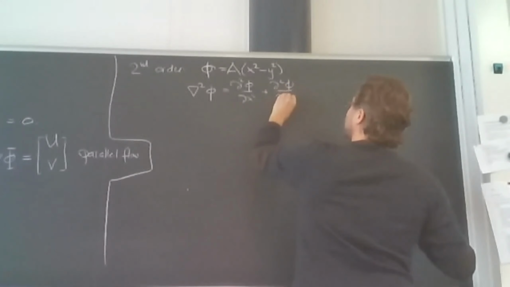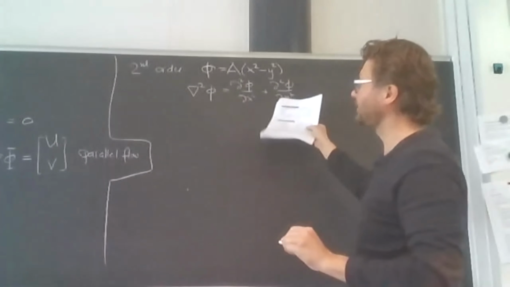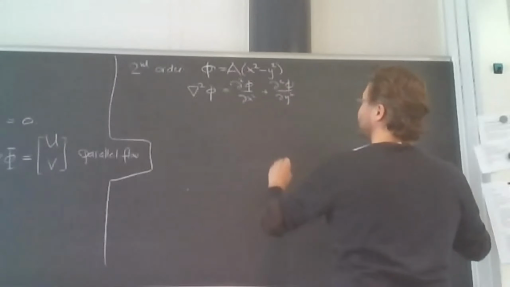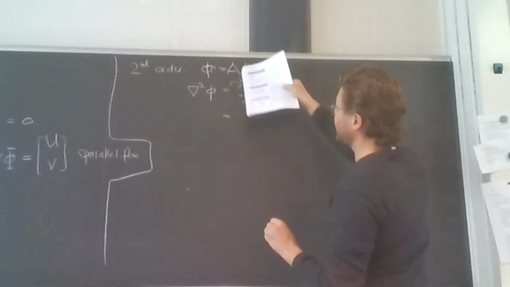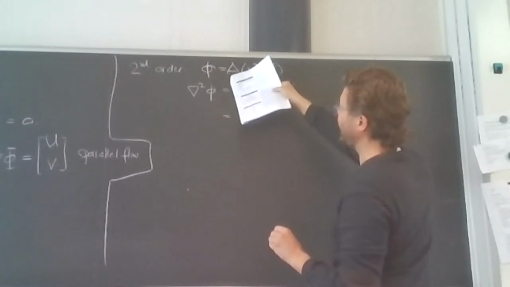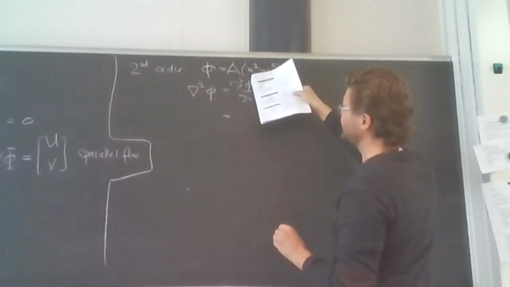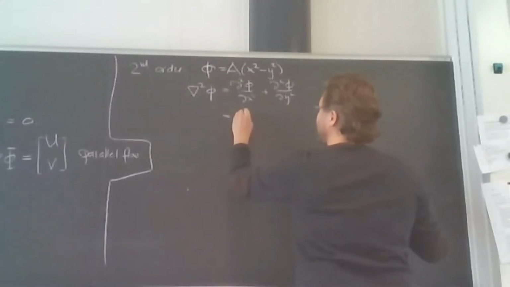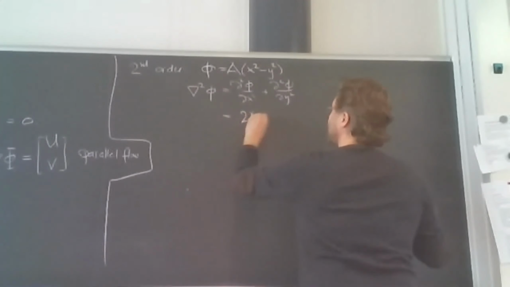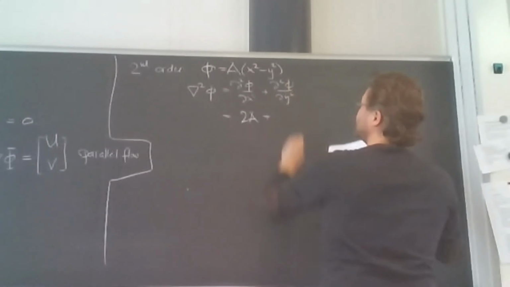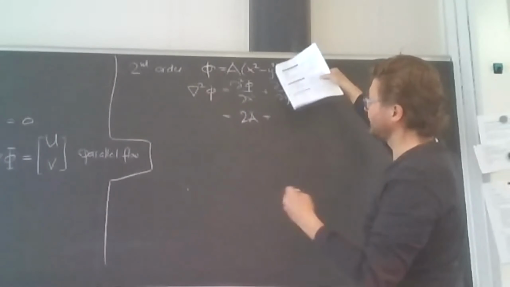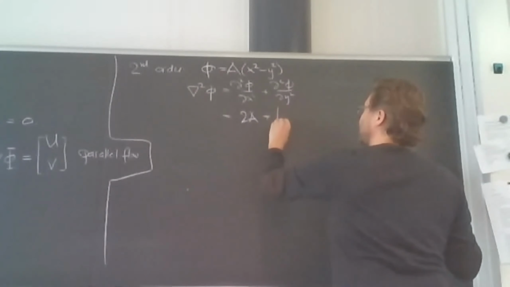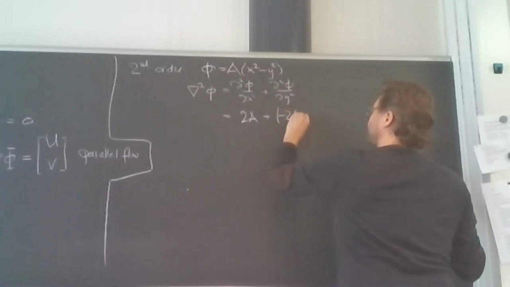and the second derivative with respect to y. They're both not constants, not zero identically. Let's take the second derivative. This is 2ax for the first derivative. The second one is 2a plus, now the same with respect to y, 2ay, and again derivative, so it's minus 2a.